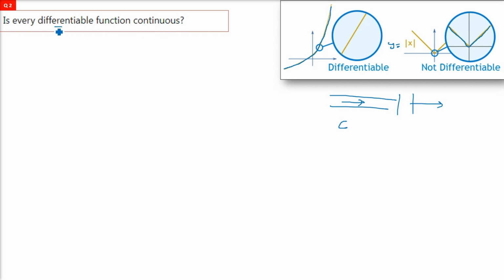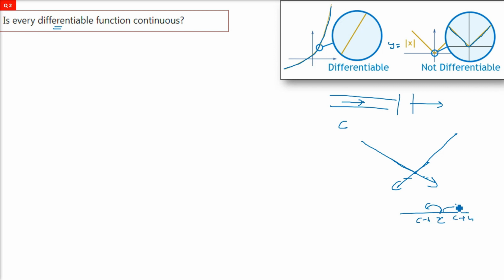So when you talk about differentiability, it is not what we learn in continuity. Differentiability is all about the slope at that particular point. That is, if you go a little bit to the left and a little bit to the right, and you get two different tangents at that point, we say that this is not differentiable.